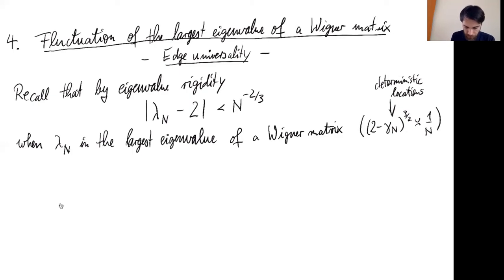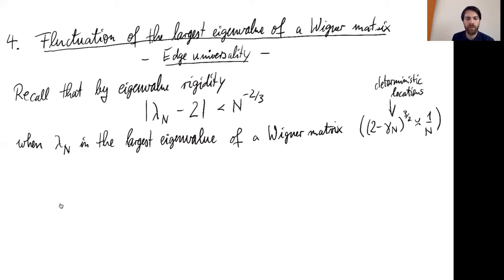Now we already saw in the bulk that the eigenvalue spacing was on the same order as the spacing between the gammas. And here you will see something similar, namely that this is sharp. When you take the largest eigenvalue of a Wigner matrix, subtract 2, and multiply by n^(2/3), then from this you would expect that this is at least in the stochastic domination sense of order 1.